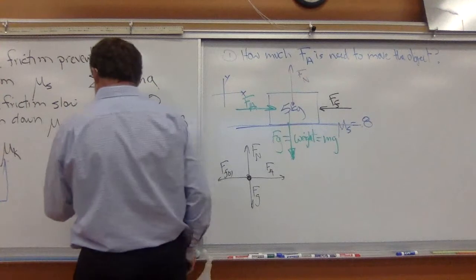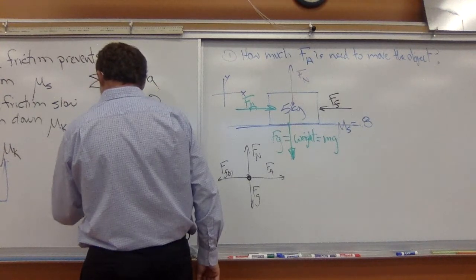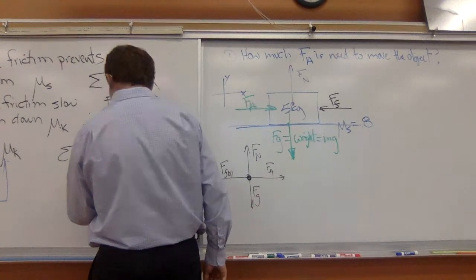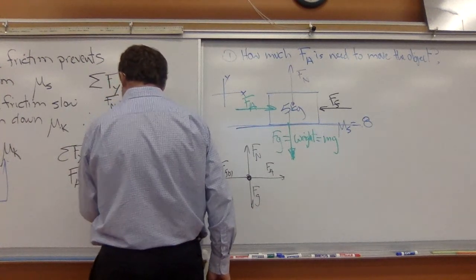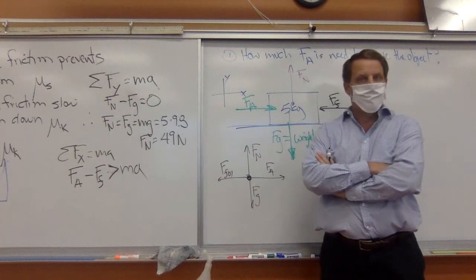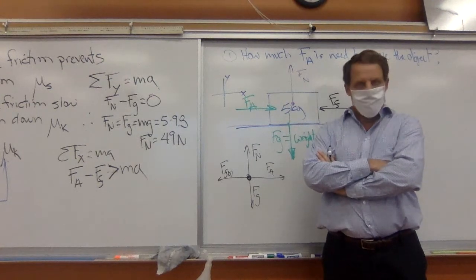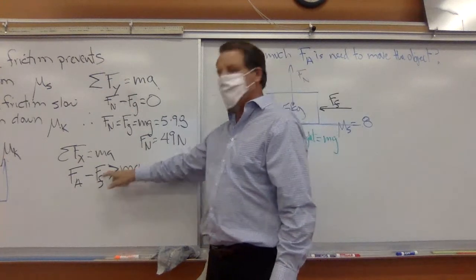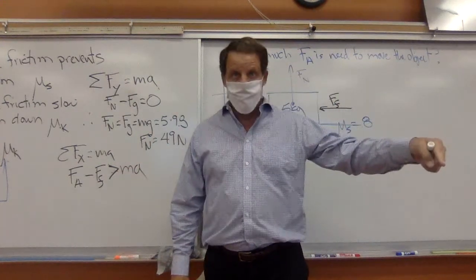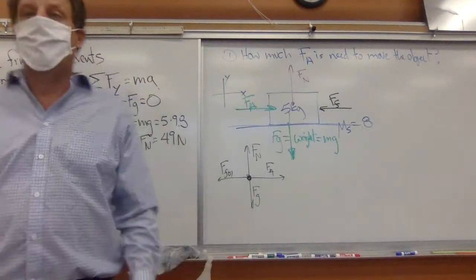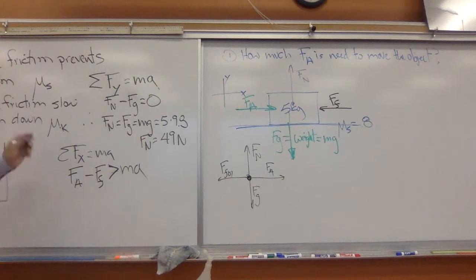So this applied force minus the force of friction has got to be greater than ma. It does have to be greater in order to get it moving, but we're essentially going to use an equal sign there, and then see that it's just going to be above that.